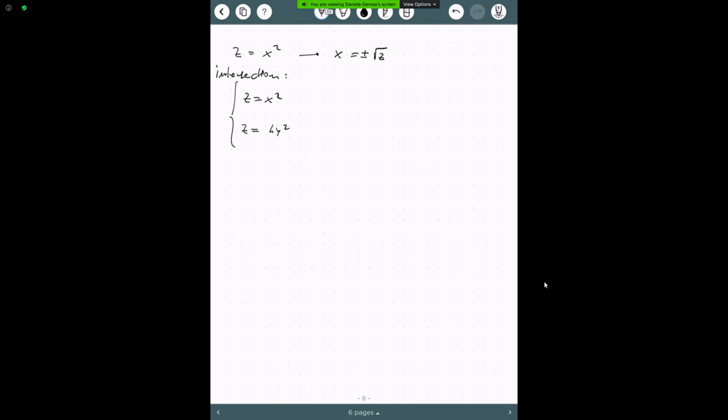We get plus or minus square root of z comma y comma 4y squared, or actually, this will also be equal to plus or minus 2 times the modulus of y, and 4y squared.